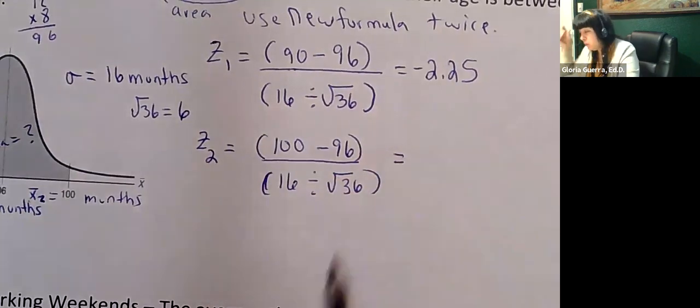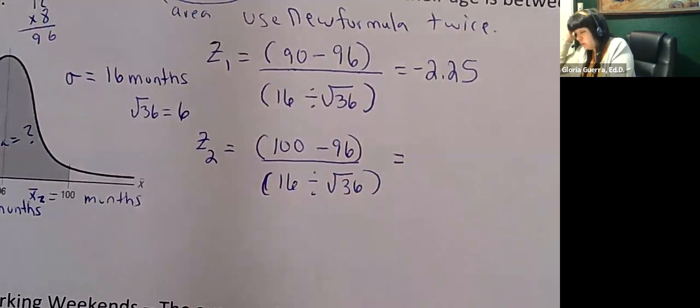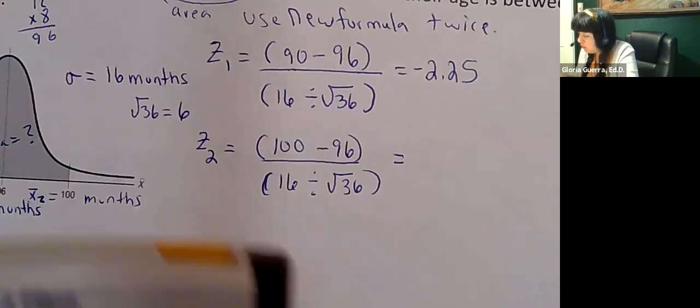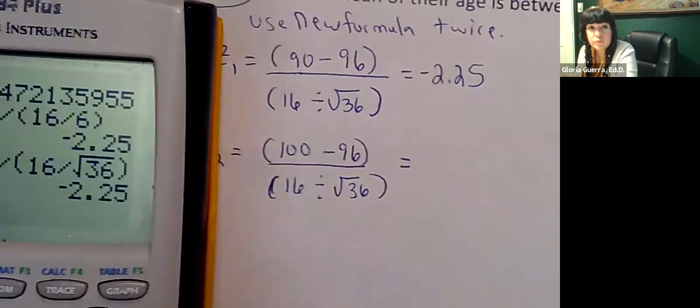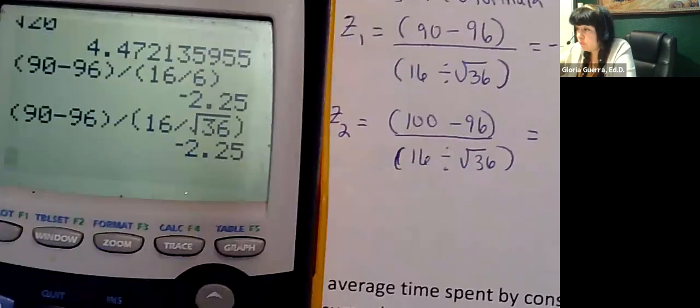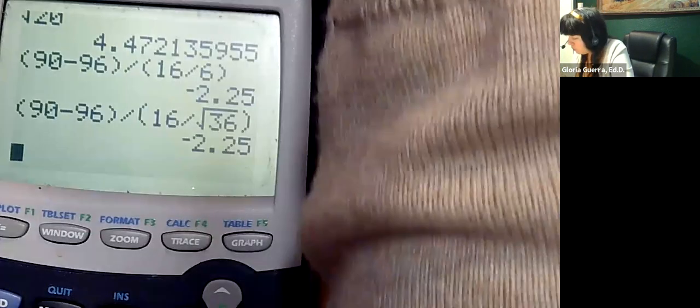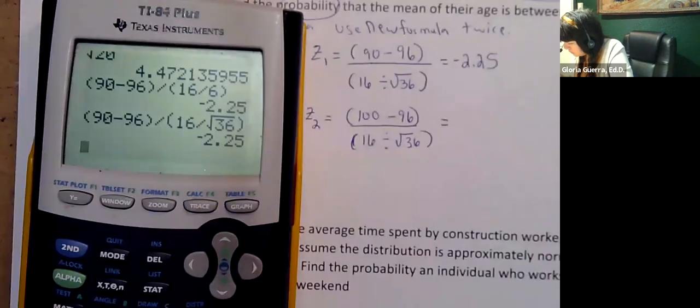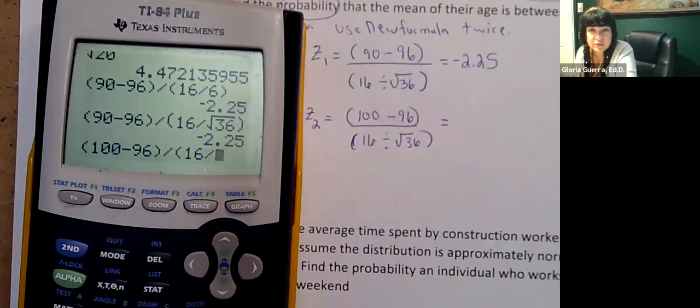The only thing that changes is your x bar, which is now 100. So I have open parenthesis 100 minus 96 close parenthesis, divided by open parenthesis 16 divided by, and again you can say 6, because the square root of 36 is 6.